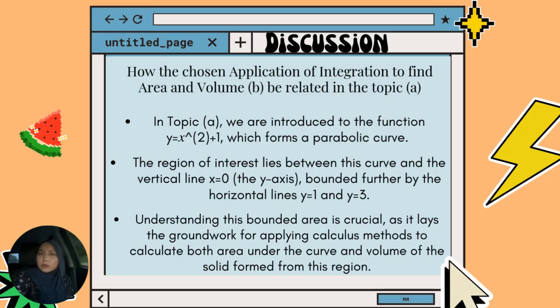Understanding this bounded area is crucial, as it lays the groundwork for applying calculus methods to calculate both the area under the curve and the volume of the solid from this region.